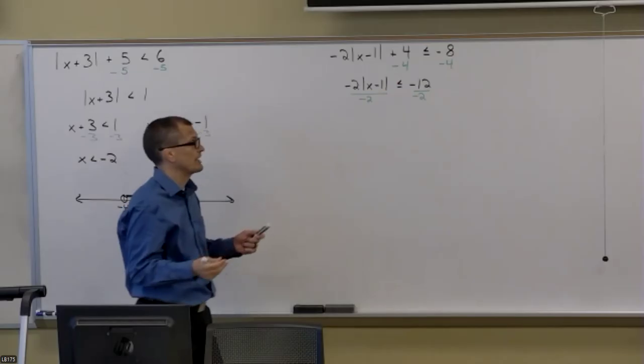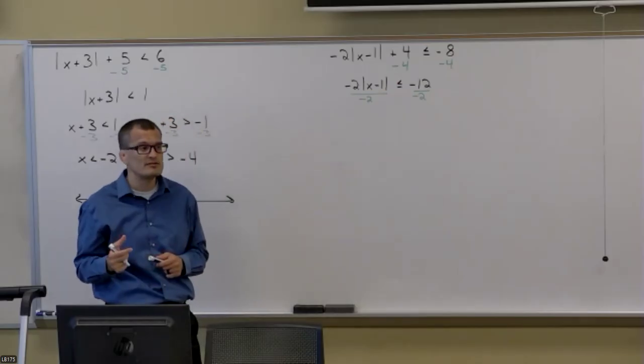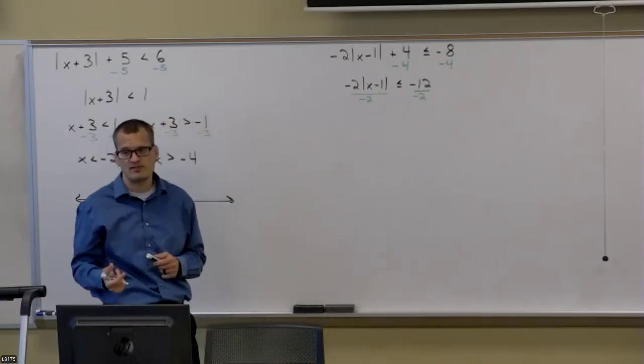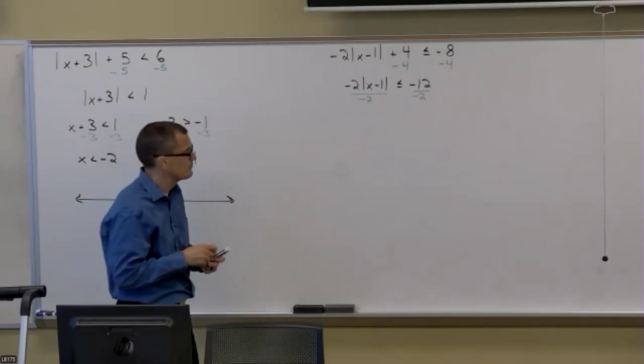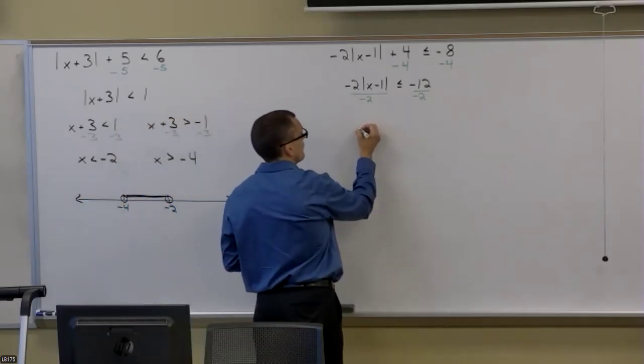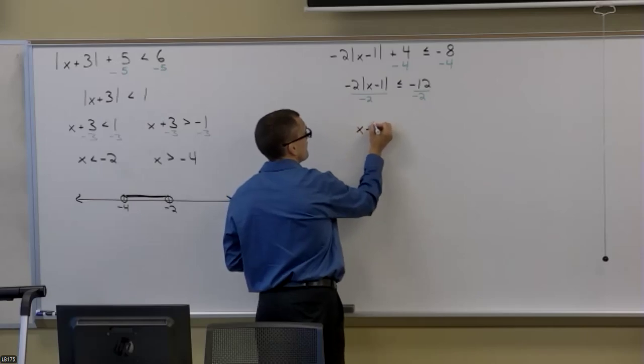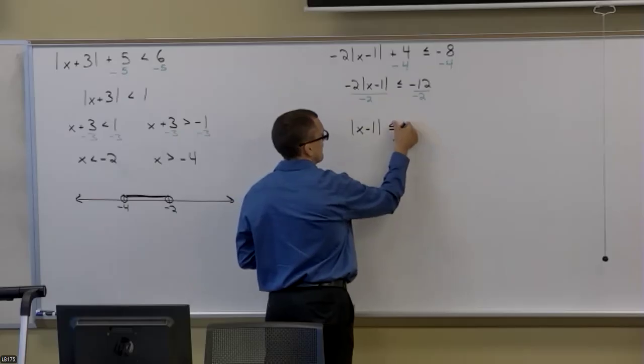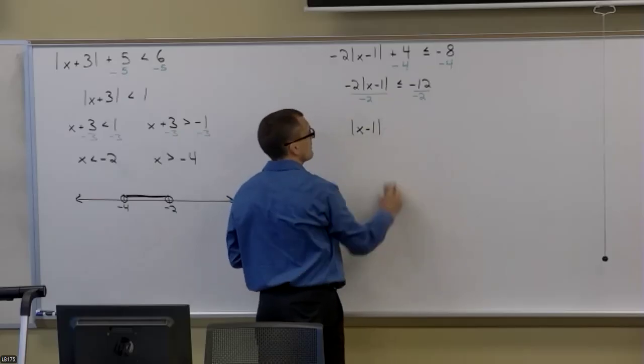Now, here's the trick. If you divide by a negative on both sides, you have to flip the sign. So, since we divide by negative 2 on both sides, we have to flip the sign. That was different from our last couple of examples. Oops, didn't flip the sign.